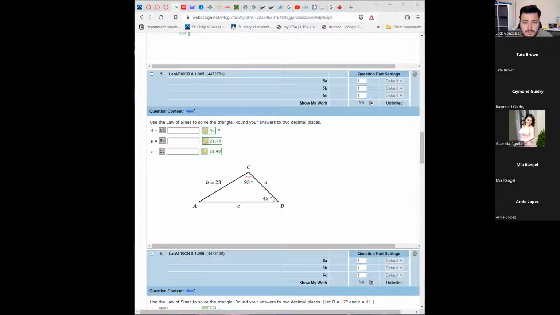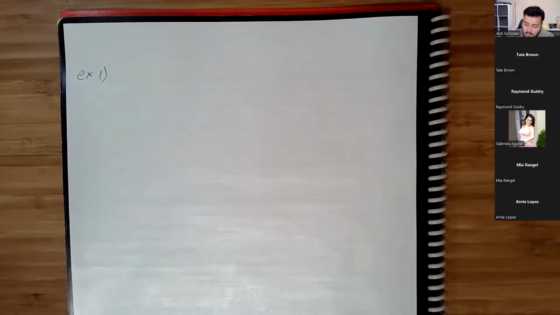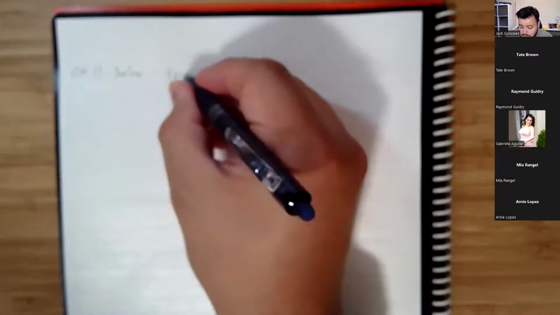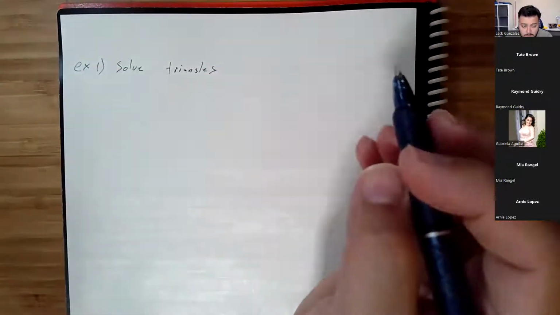We'll probably do both anyway. So pretty much for the most part, the entire chapter is just solving triangles. I don't think there's anything else really. Of course, some word problems, but I'm not going to give you anything too crazy.